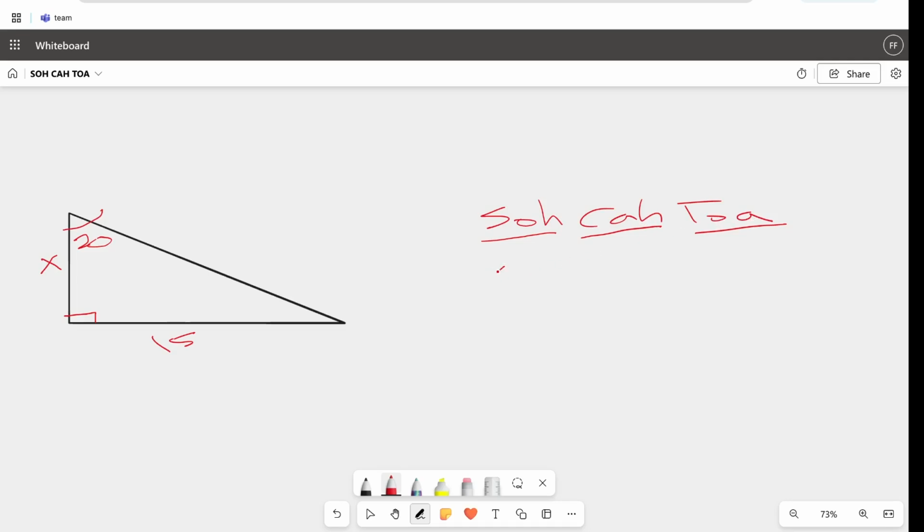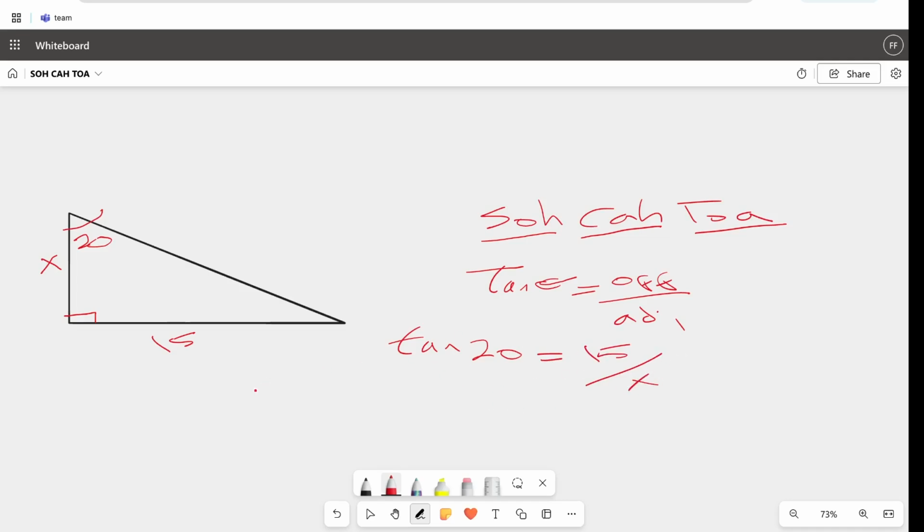So remember, tangent of the angle, let's call this angle theta, is equal to opposite over adjacent side, right? So let's write tangent 20 is equal to the opposite side, which is 15, divided by x, which is the adjacent side, right?